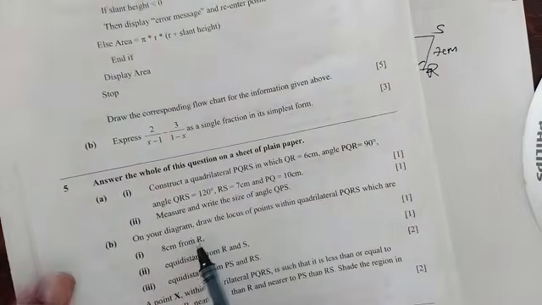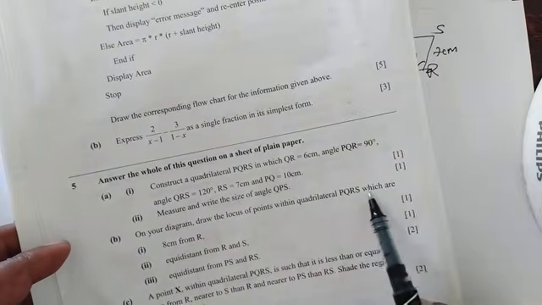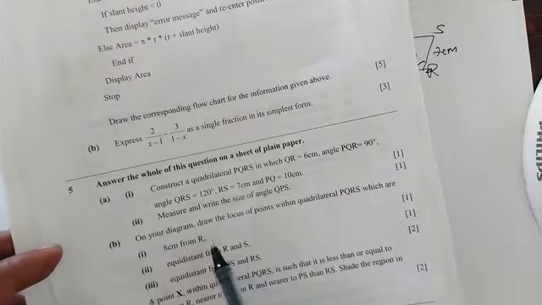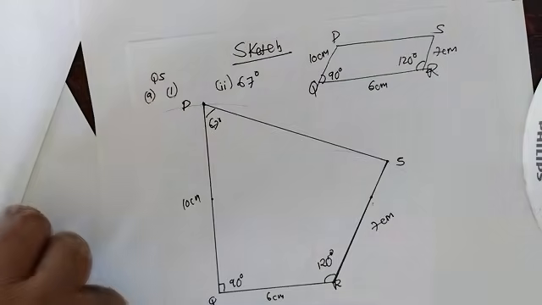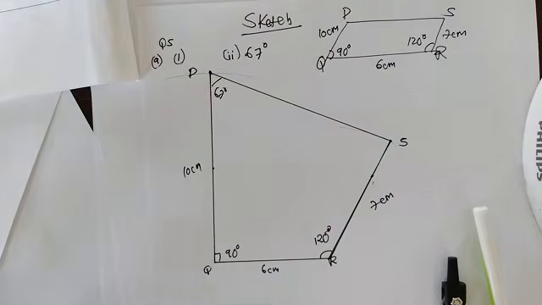On the same diagram, or on your diagram, draw the locus of points within this quadrilateral which are 8 centimeters from R. Alright, so look at R here, 8 centimeters from this point. So you measure 8 with a ruler.